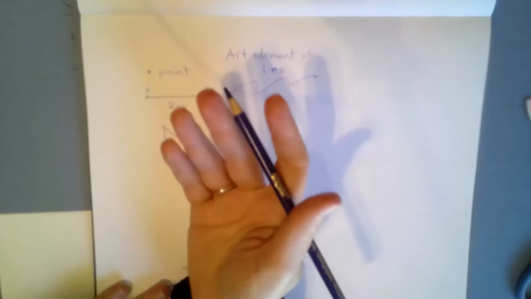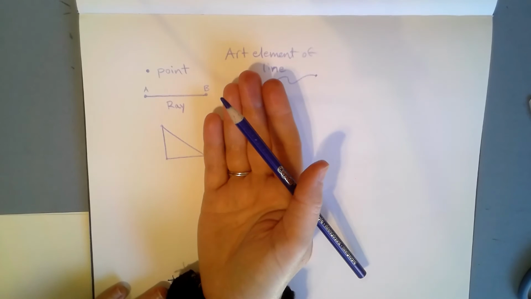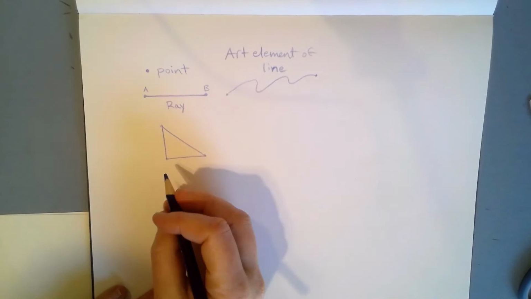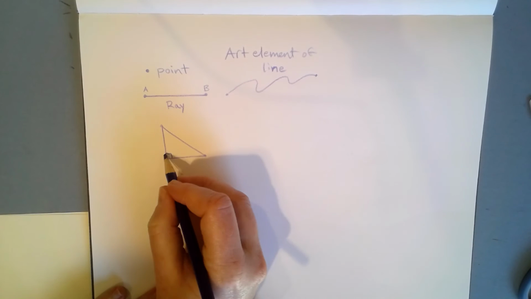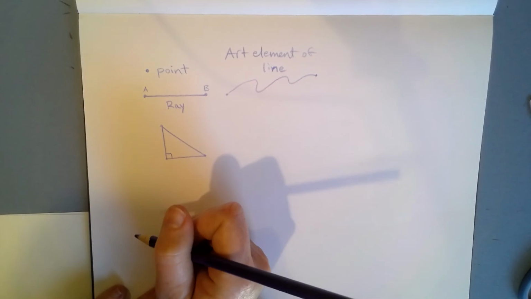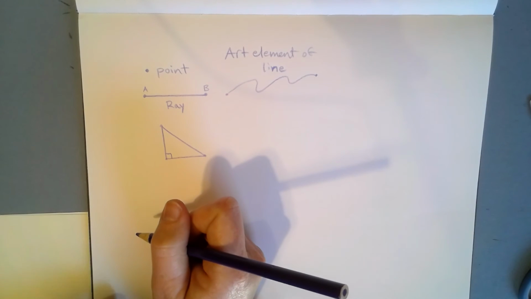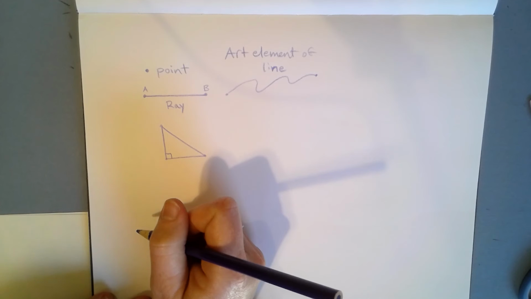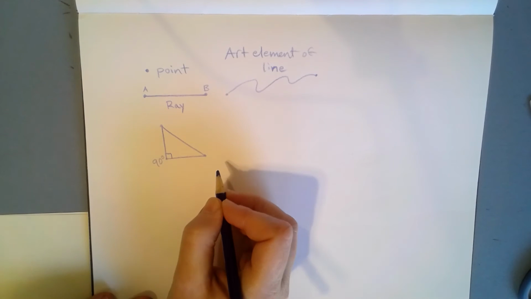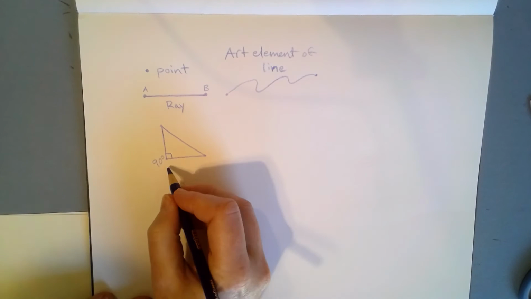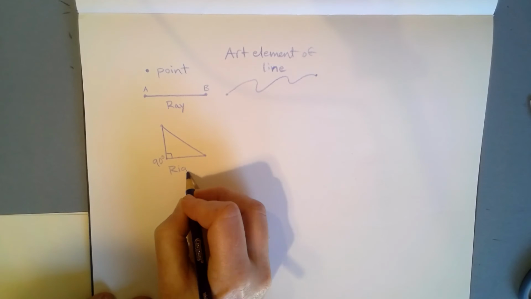Come on, camera. There it goes. If I had one with a perfect corner down here, and we'll put a little cube or little box in this corner to say that this is 90 degrees perfectly down here, okay? This is a right triangle.